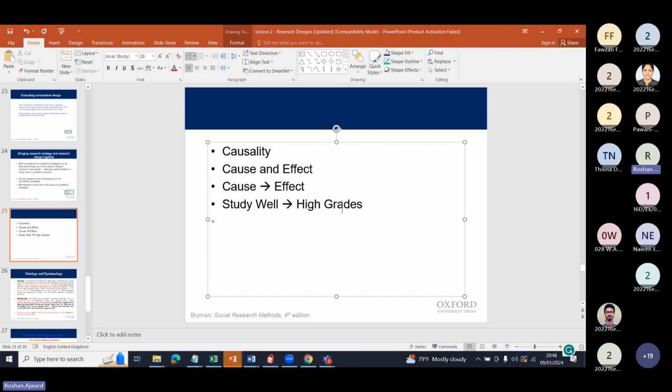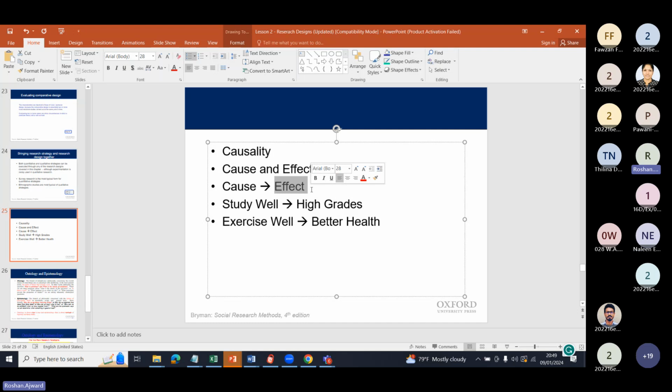On the other hand, if you do physical exercise, then what happens to your health? Better health. This is called causality. Cause and effect.